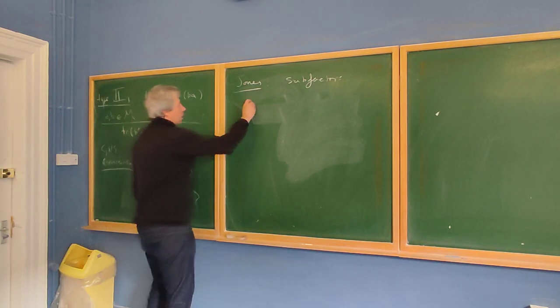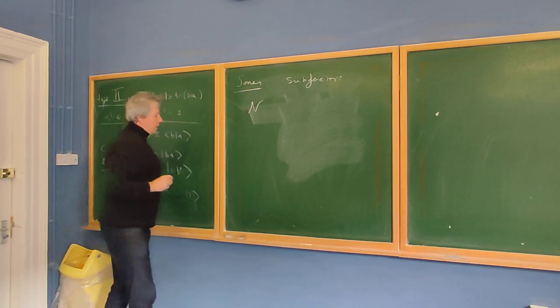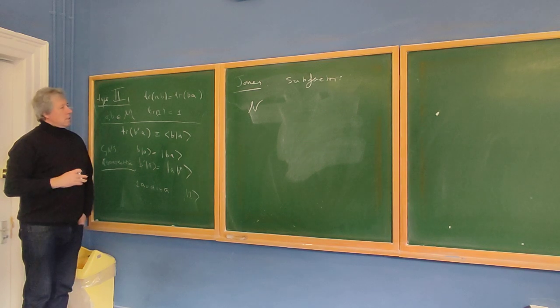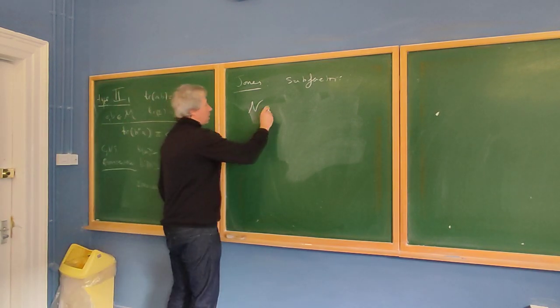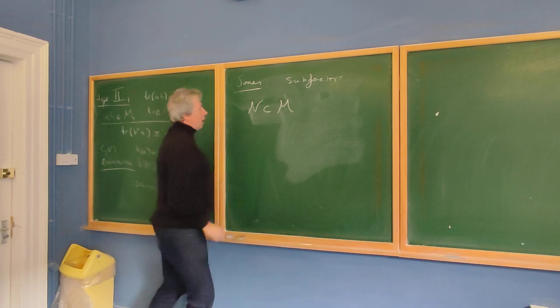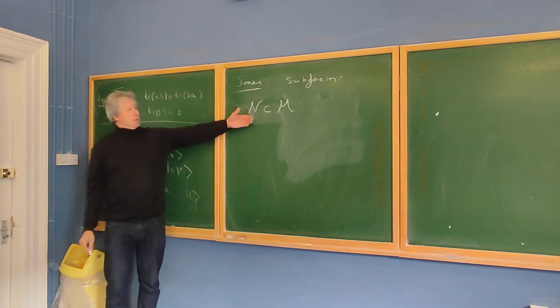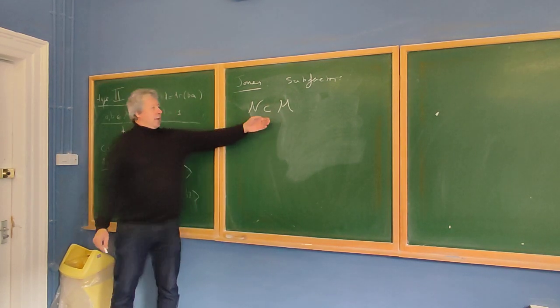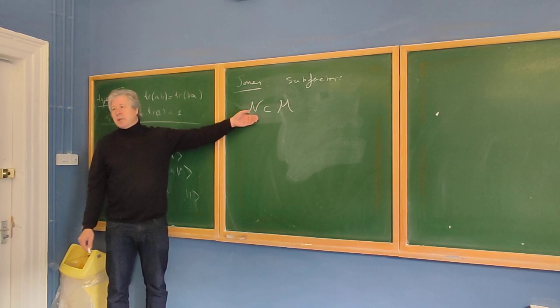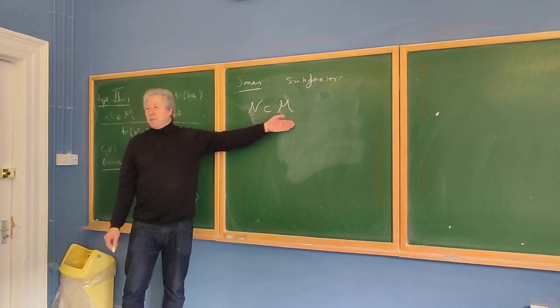So what I'm going to assume is that there is some algebra which is also a von Neumann algebra. So this was the one I started from, and I'm going to be interested in an algebra that is a subalgebra of that algebra.